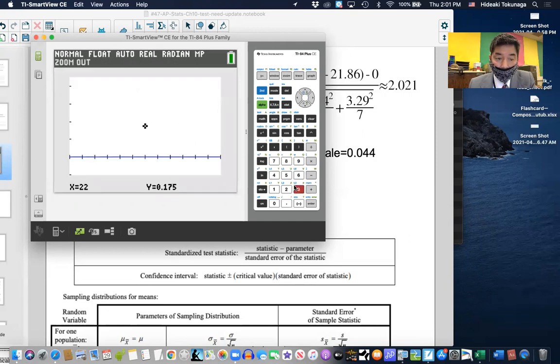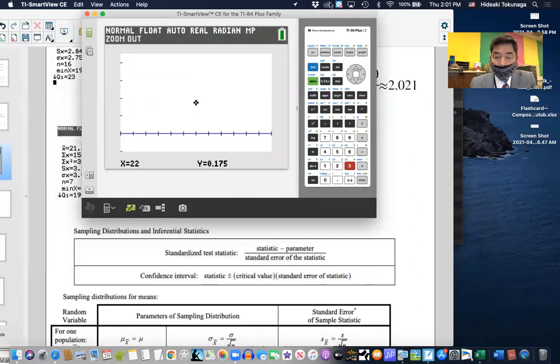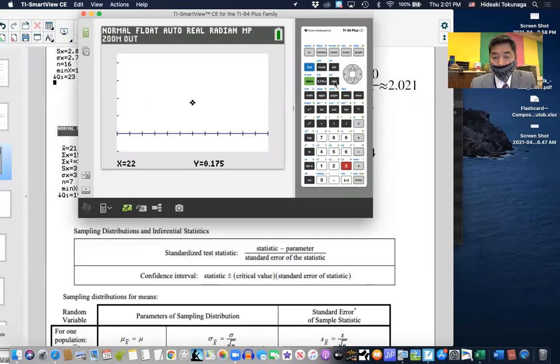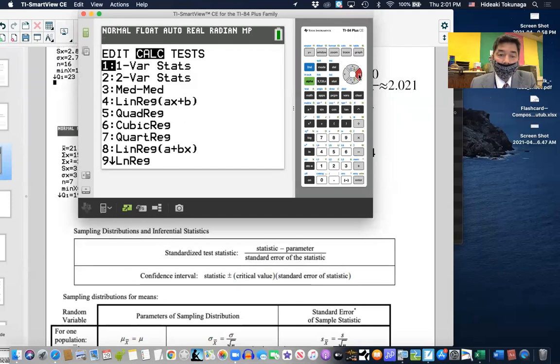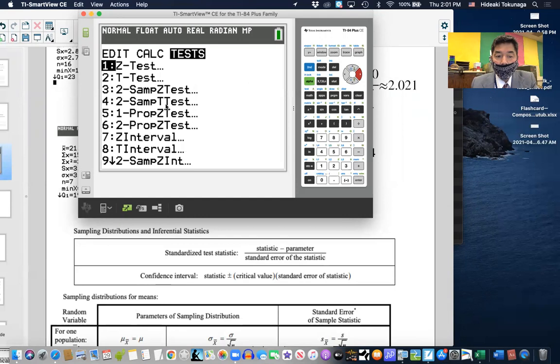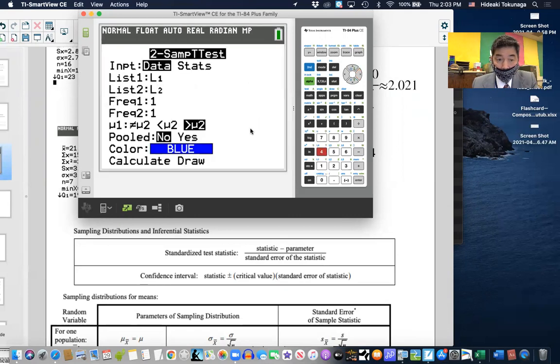Anyway, you can also do the two-sample t-test. Maybe that shows the calculation and density curve. So you can do it right here, two-sample t-test, number 4. Mu1 is greater than mu2, right?